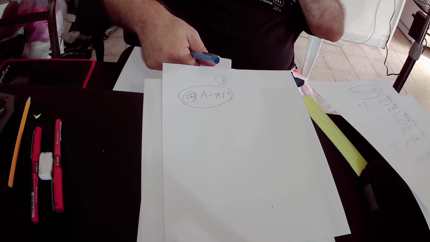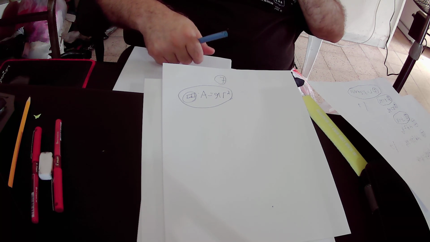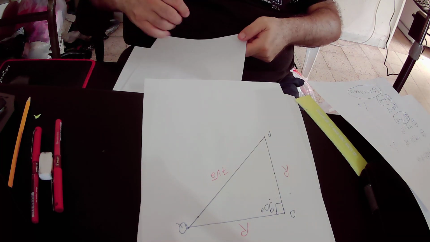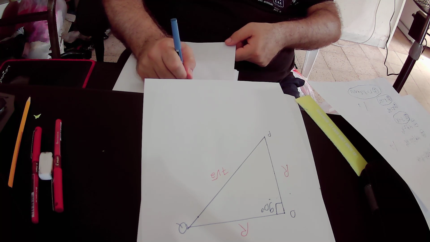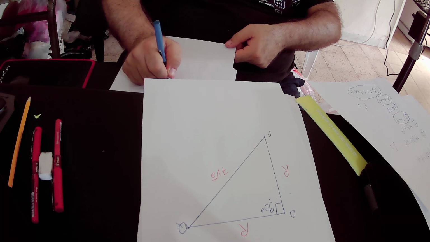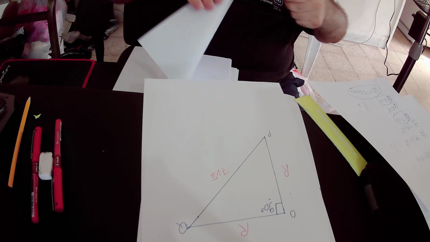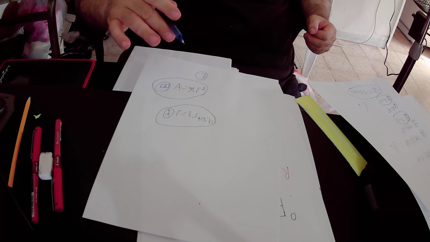The area of any circle equals pi times the radius squared. But we know that the value of the radius is 3.5 units according to equation number 1.